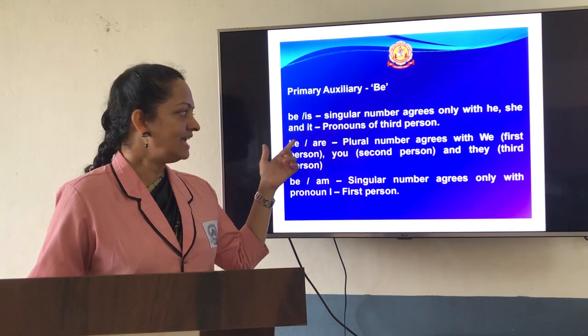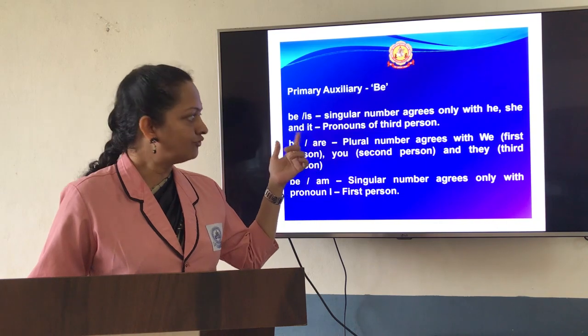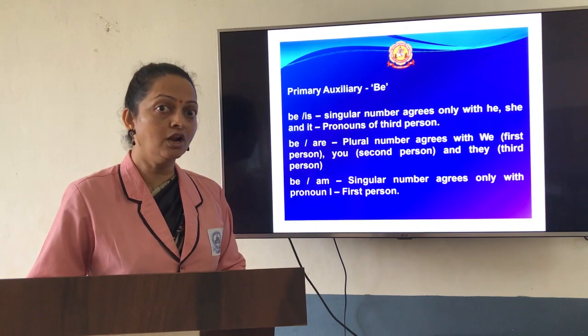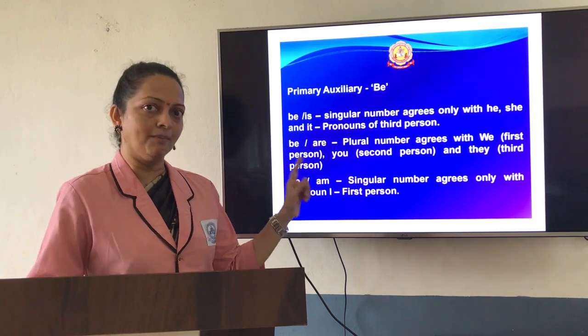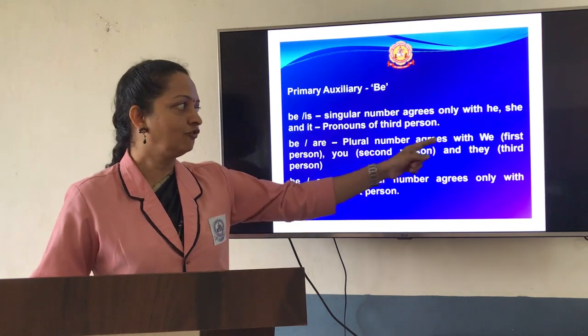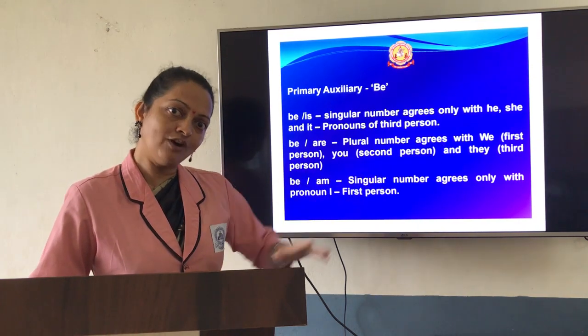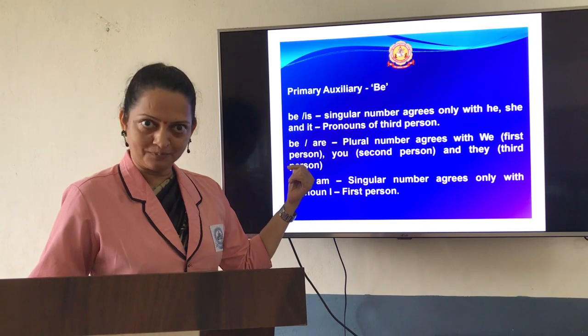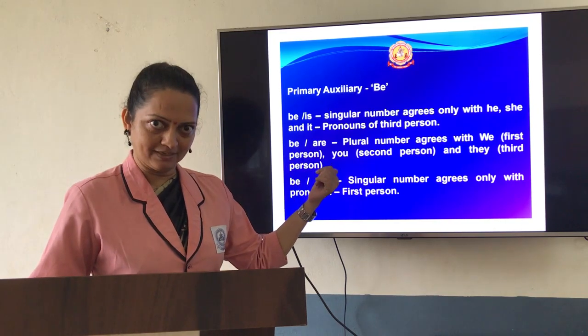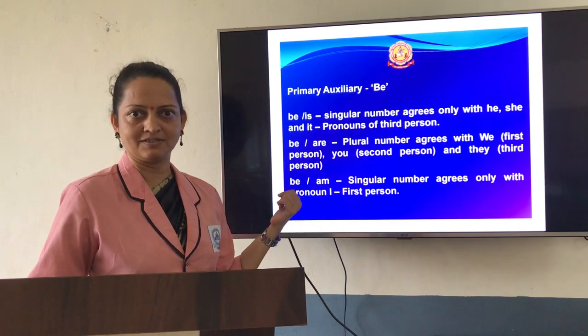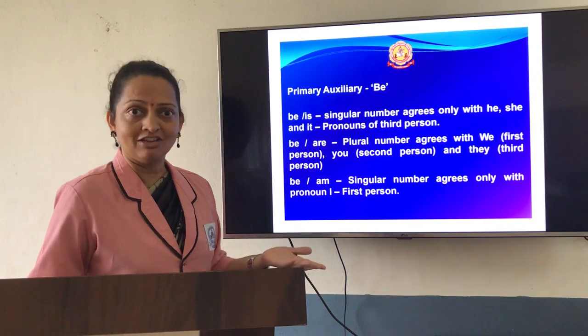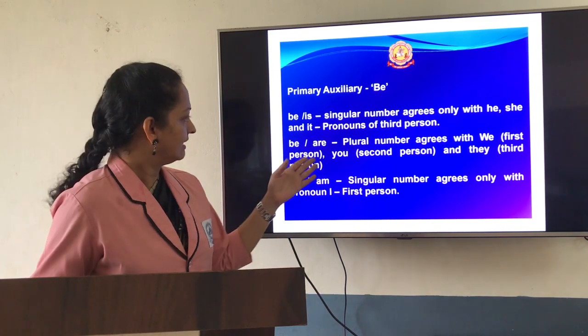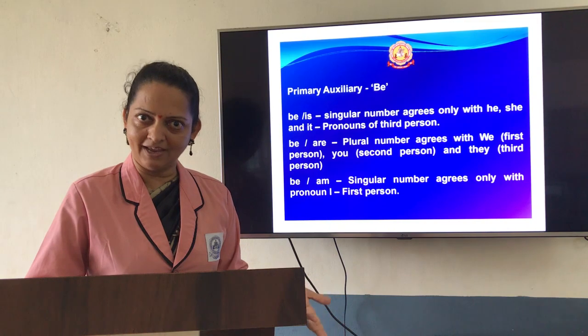They are third person pronouns. Next we see be in the are form. This is a plural number, a plural verb. And this plural verb are agrees with we. Now we is the first person, you is second person, and they is third person. So we say, we are playing. You are playing.